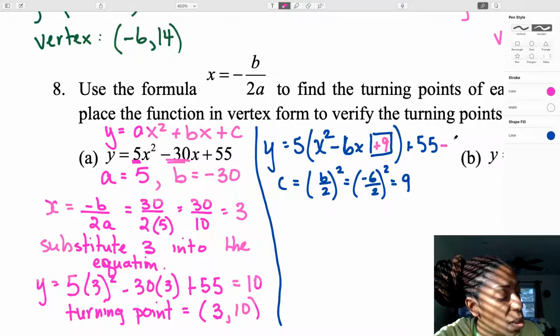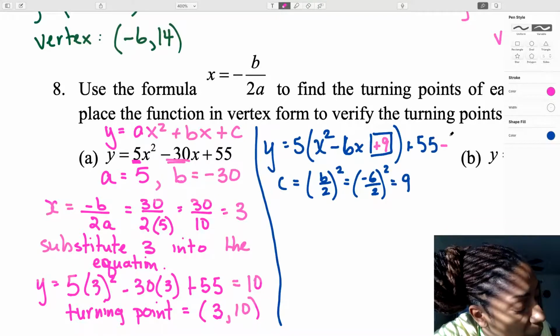And that means we have to subtract 9. But don't forget the 5. So we're going to subtract 5. I'm running out of space. 5 times negative 9.